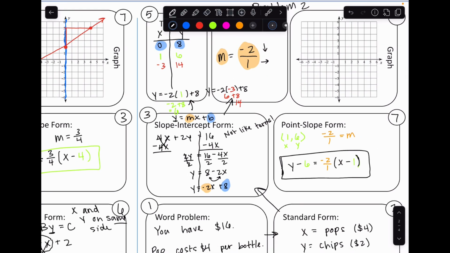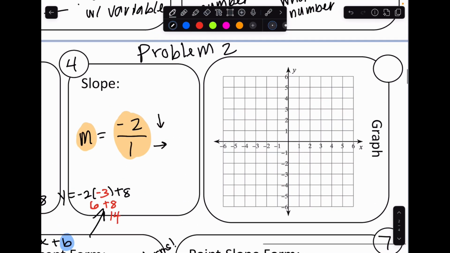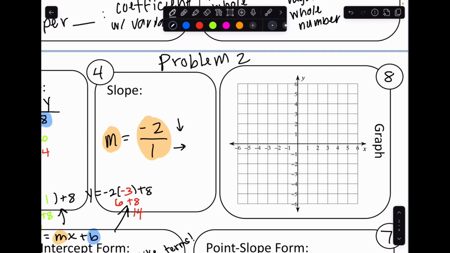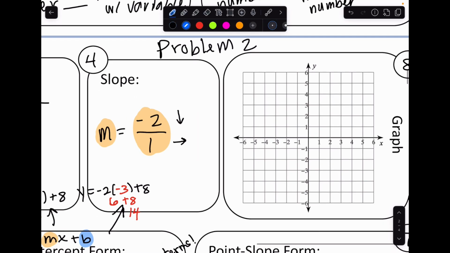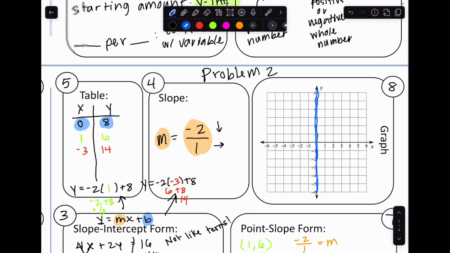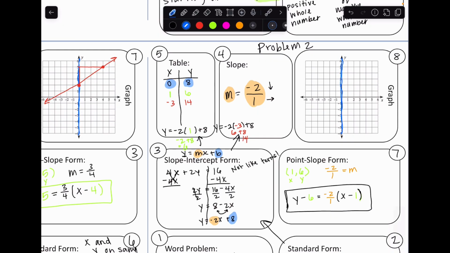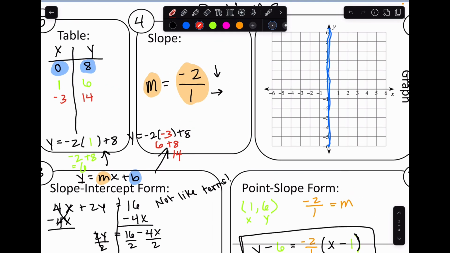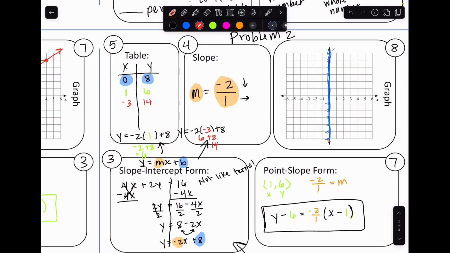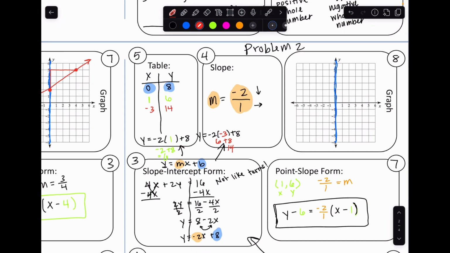And lastly, let's graph. All right, when we graph, again, we have our y-axis. And let's use our point-slope form. Or our slope-intercept form, right? Most people are most comfortable with slope-intercept. So let's start with positive 8.